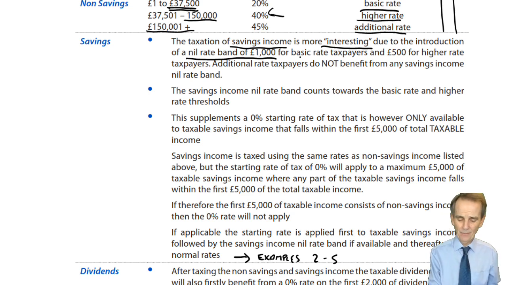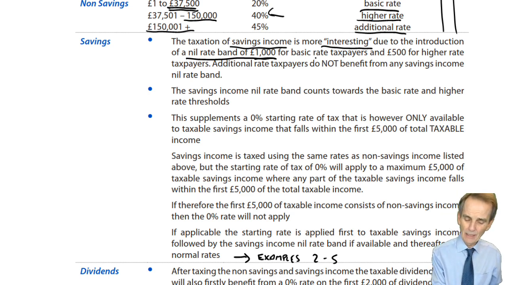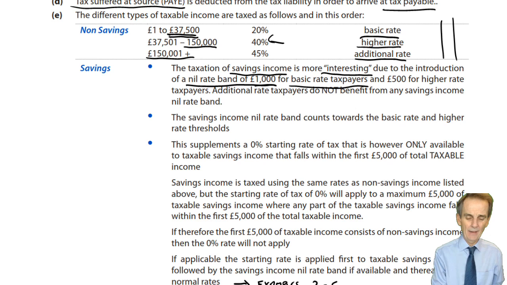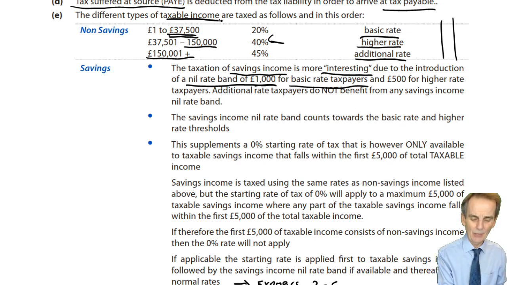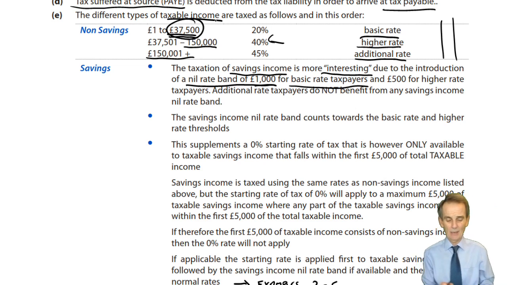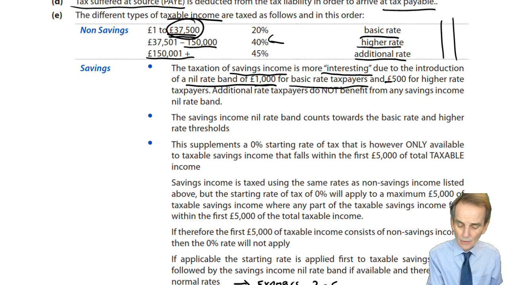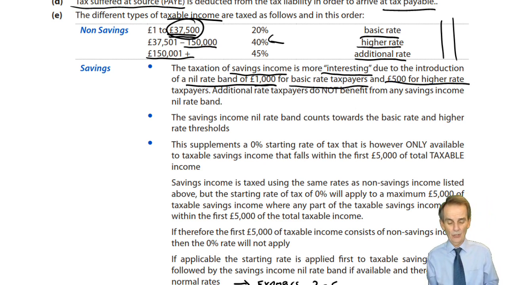How much is it? Well, £1,000 to begin with, but that's only if you're a basic rate taxpayer. You're only a basic rate taxpayer if your total taxable income does not exceed the basic rate band limit, there for us at the moment, £37,500. If you are a higher rate taxpayer, then you'd be entitled to £500 worth of nil rate band on your savings income.